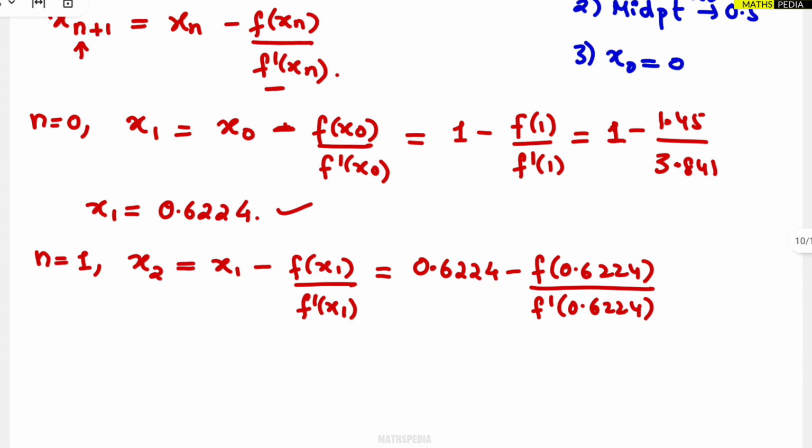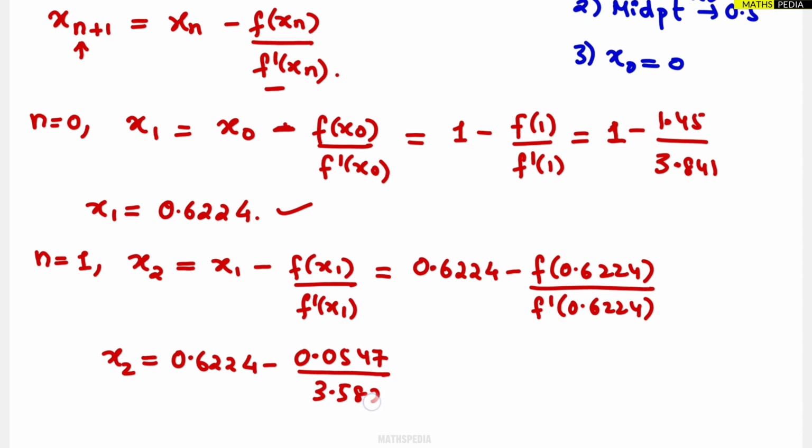So what is the value you are getting? I'll write over here, x2 is equal to 0.6224 minus, when you put in the function, what will you be getting? 0.0547 divided by 3.5829. Okay. The final calculation, 0.6071 we are getting.